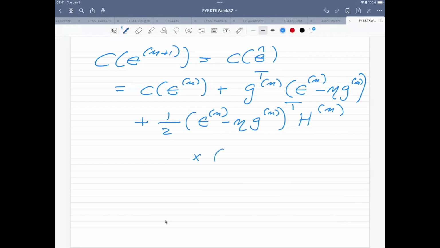And finally, this is multiplied by theta of n minus eta g of n, like that. Now I'm assuming that I've reached the optimal value, and I'm asking myself, what is the optimal eta value?